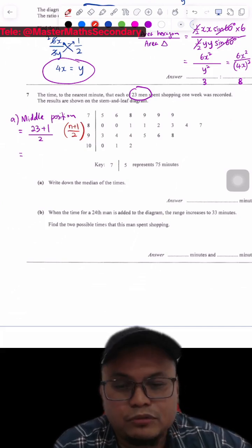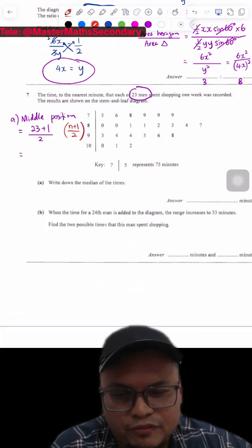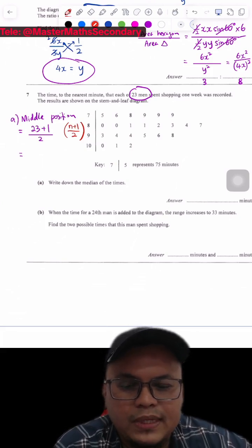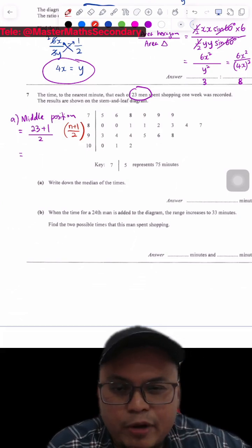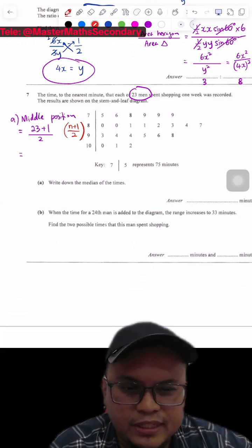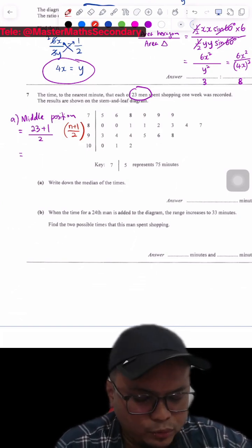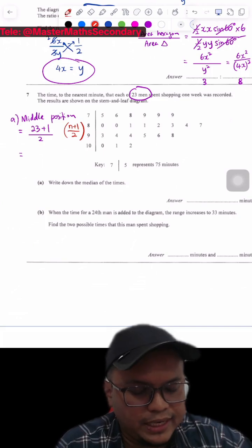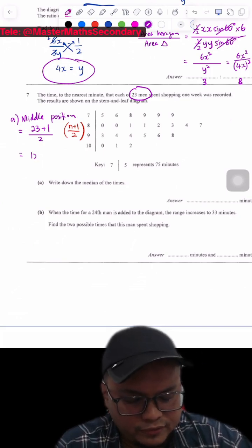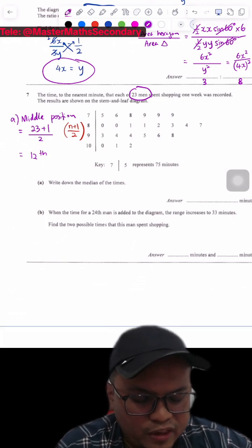This is to find the middle position of a set of data. Where n represents the total number of data that you have. In this case, we have 23 data points. So 23 plus 1 divided by 2 is actually 12. We are looking at the 12th position.